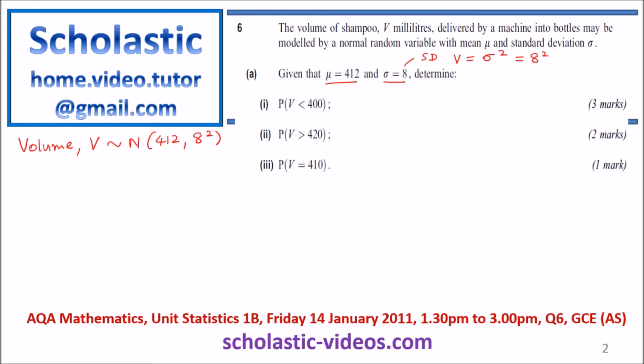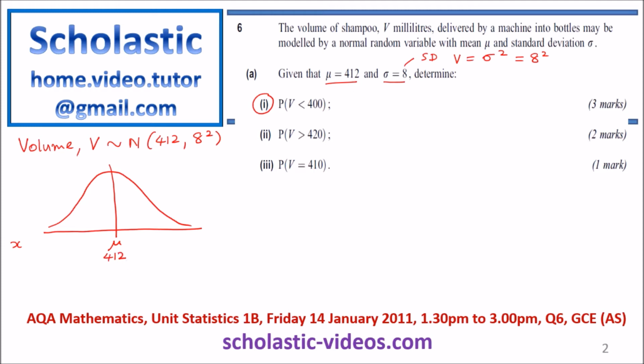So the next problem is to find the probability when the volume is less than 400. How are we going to look at this question? What we normally know is that normal distributions are bell-shaped curves, with mu in the center, and in this case the value of x at the center is 412.